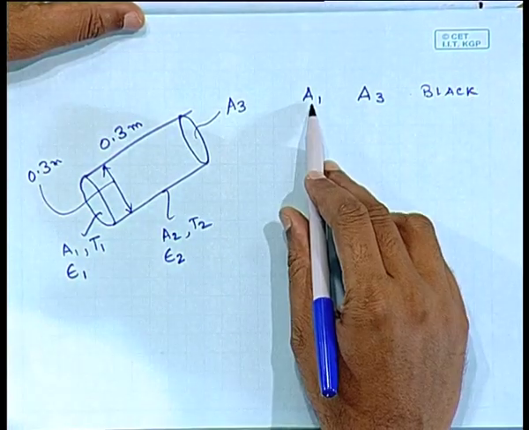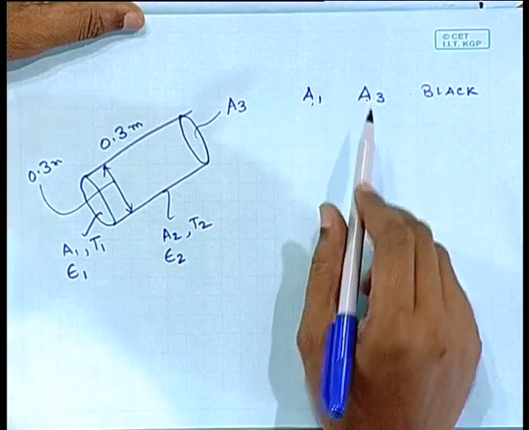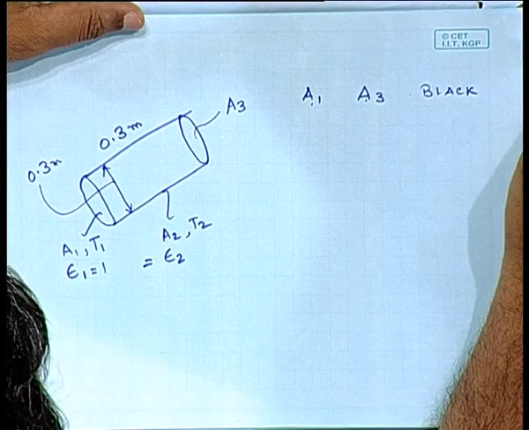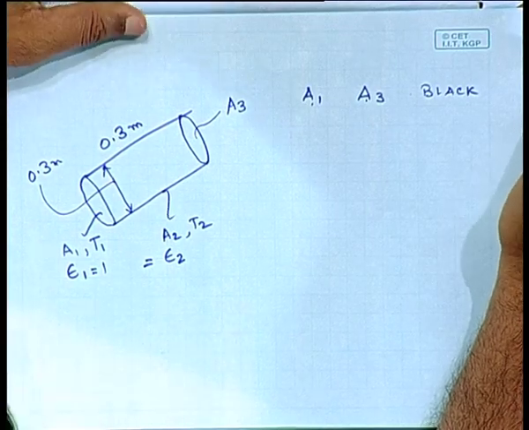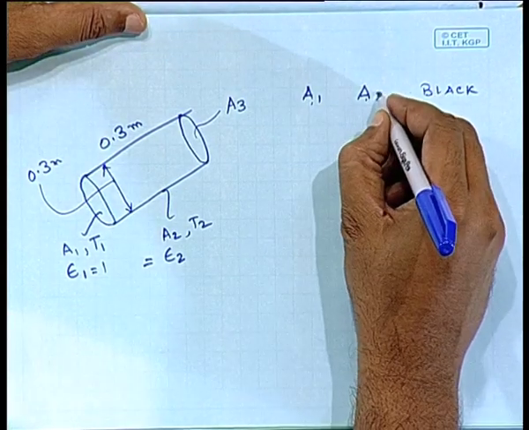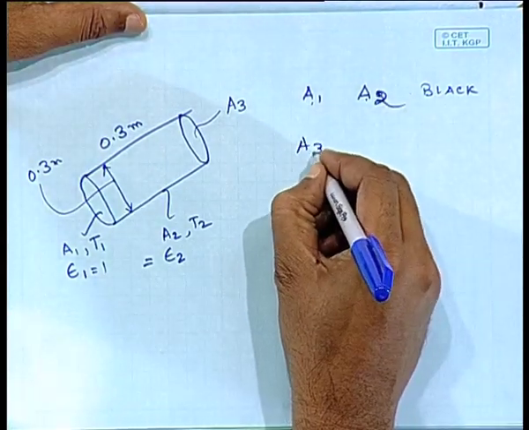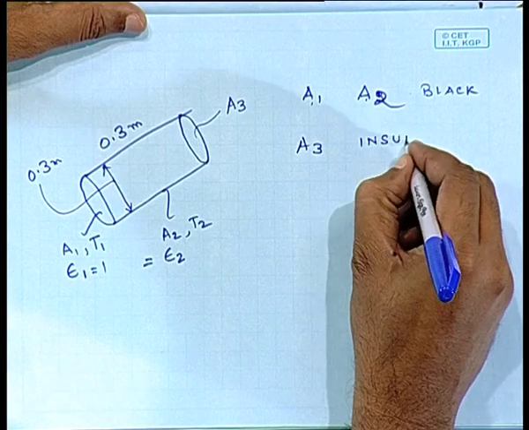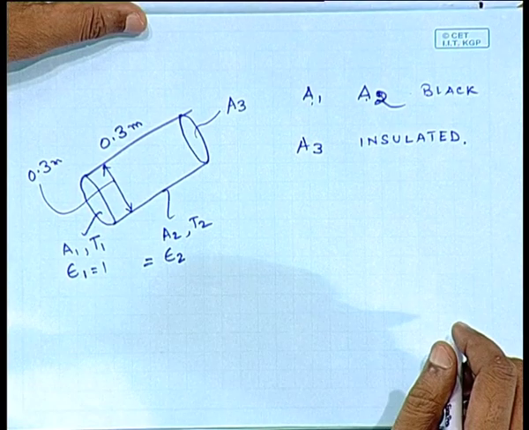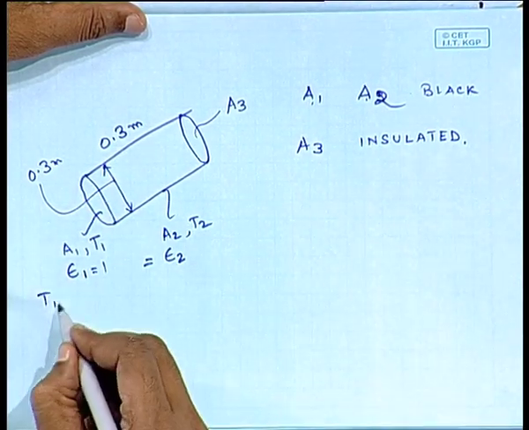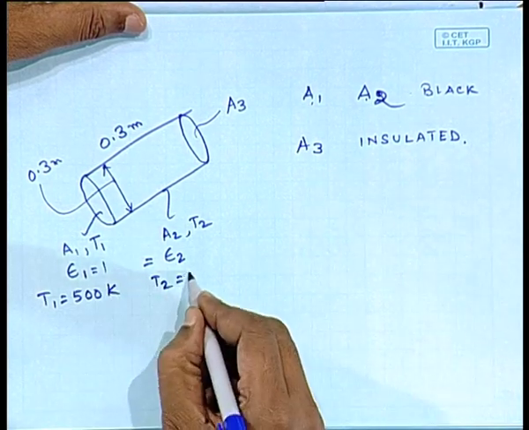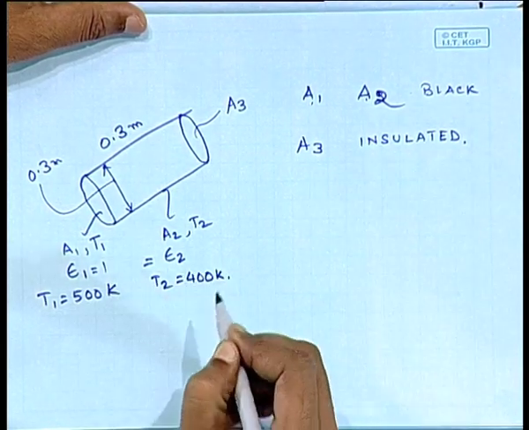If A1 and A2 are black, then obviously epsilon 1 would be equal to 1 and epsilon 2 would also be equal to 1. It is also mentioned that the third surface, A3, is insulated. The temperature T1 is 500 Kelvin and T2 is 400 Kelvin.